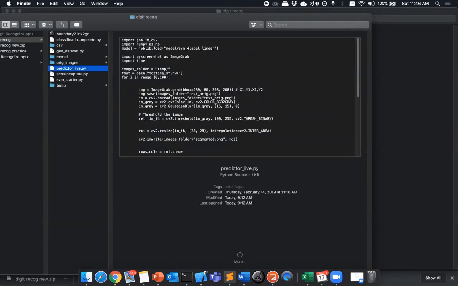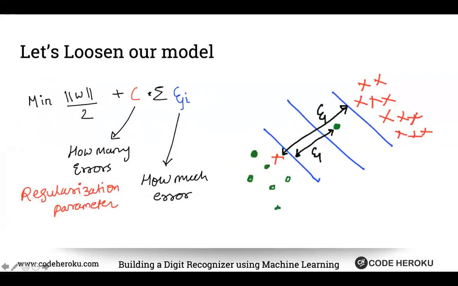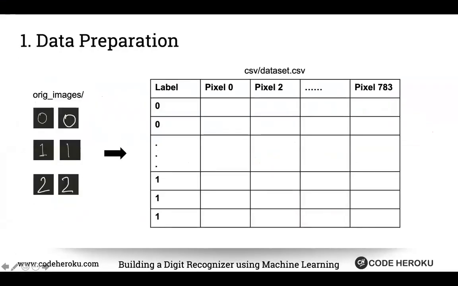Let me go through the steps on the PowerPoint slide so that it is much clearer what our approach will be to building the digit recognition system. The first thing that we are going to do is convert all the images in the original images folder that I just showed you. All our images are in the original images folder. We'll iterate through all the folders and all the images within this folder to create our csv/dataset.csv file.